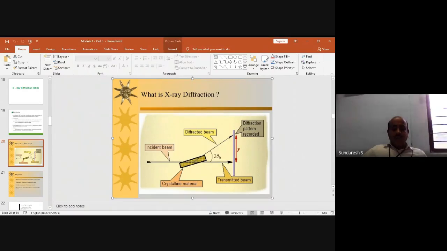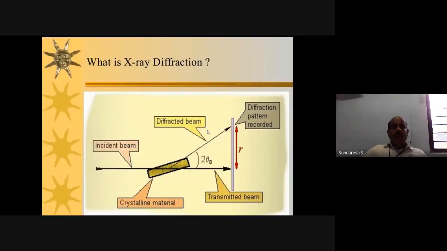Now, when you look at this, what is X-ray diffraction? This is what you can understand here, a very simple picture showing how X-rays are diffracted, or a diffraction pattern.